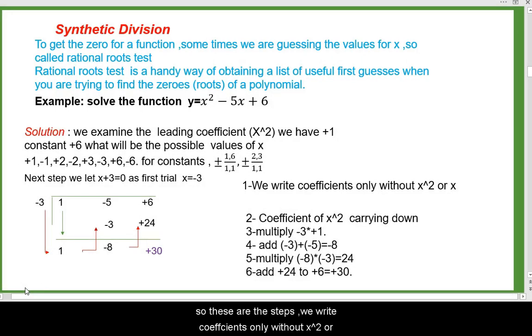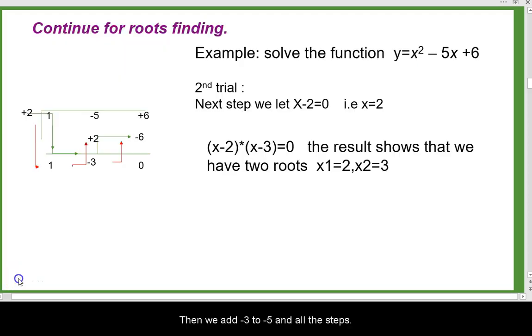So these are the steps. We write the coefficients only, without x squared or x. The coefficient of x squared is carried down, we multiply minus 3 by plus 1 and put it here, and then we add to minus 5. For our first trial, the result is plus 30, but it is supposed to give 0 as an exact solution, so we proceed with another trial.